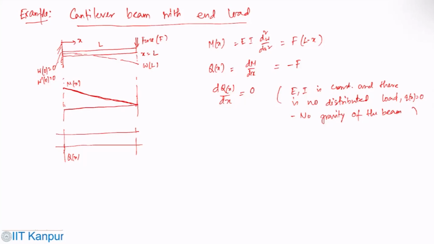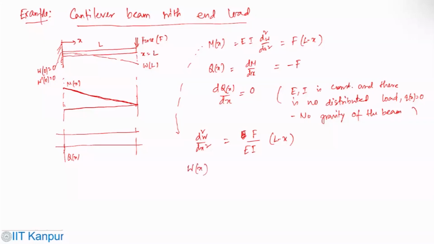Okay, so what we write now, d2W by dx2 equals F by EI (L minus x), from the first equation, which is simple. You get that. So here this is a second order ordinary differential equation, so it can be simply solved.